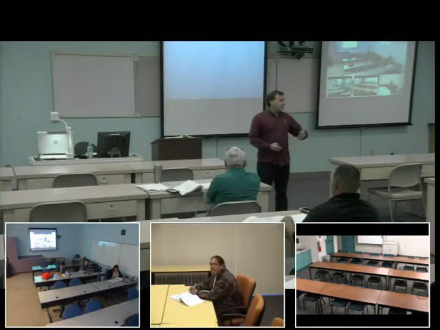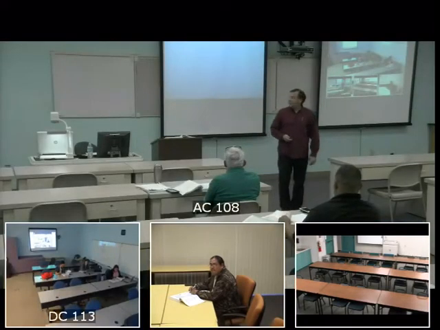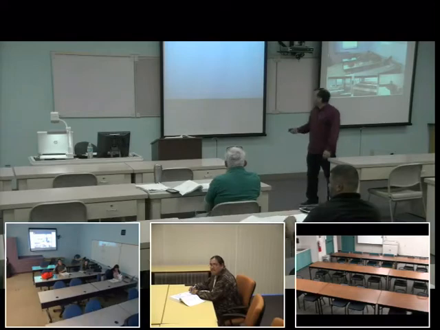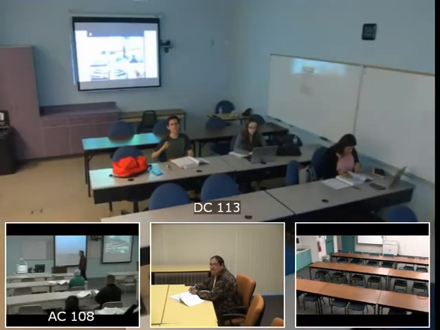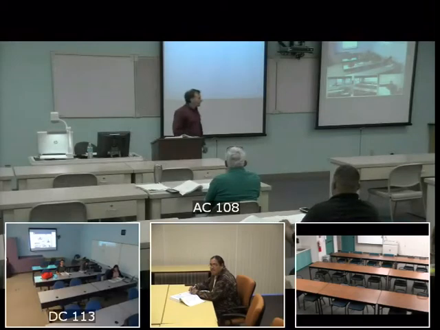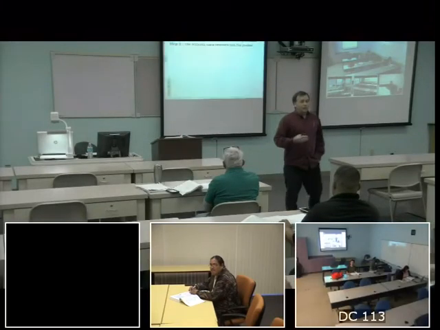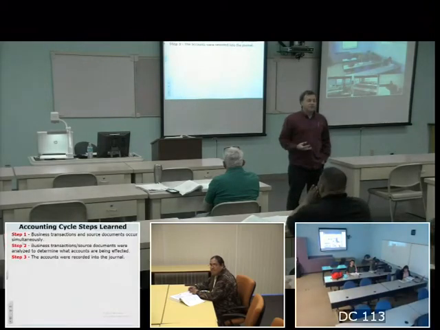What do we call that? We journalize. Good. And then what do we do? We post it to the ledger. Now, we journalize and we post all these business transactions throughout the period.